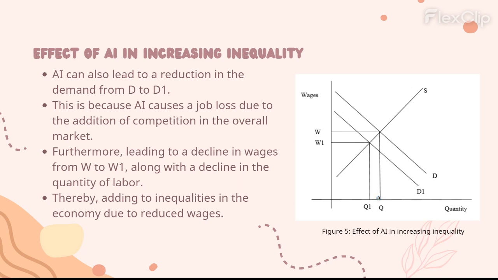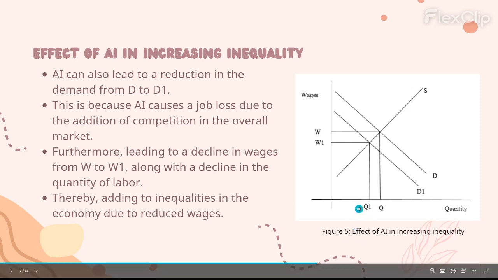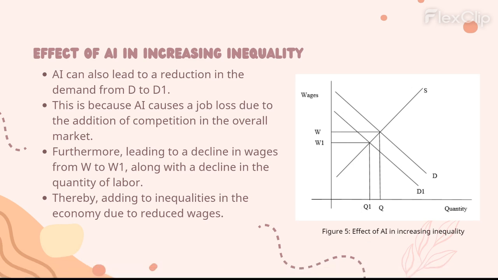And slide 7, however, shows that AI can also raise inequality in the economy. It means that AI can also lead to a reduction in demand from D to D1. There is a leftward shift in the demand curve because AI causes job loss in the economy due to the addition of automation in the overall market.